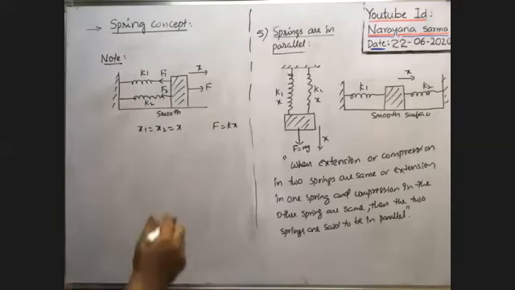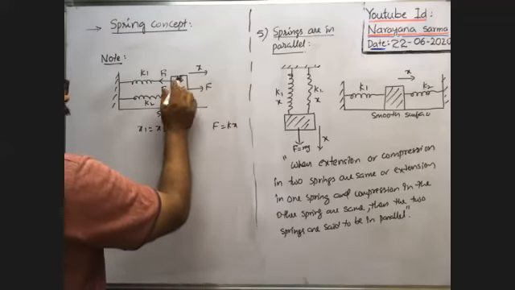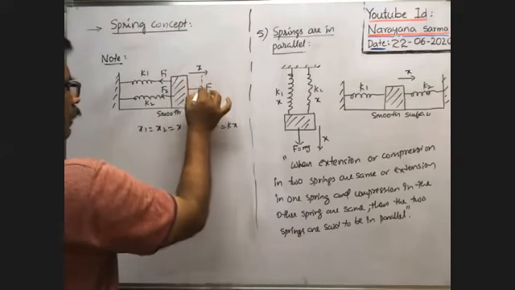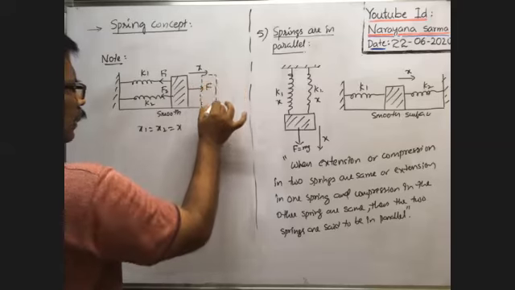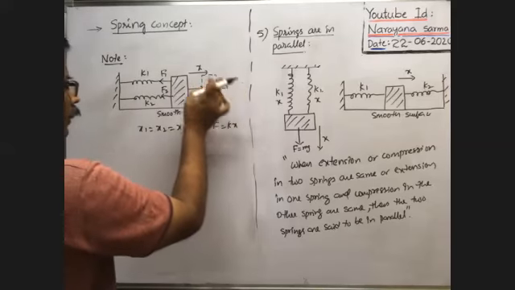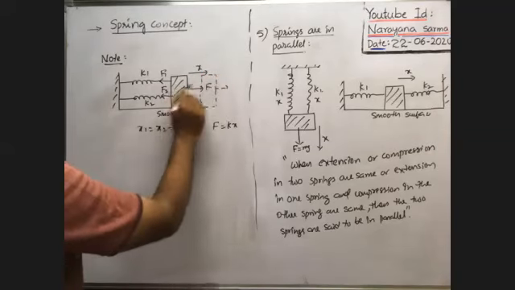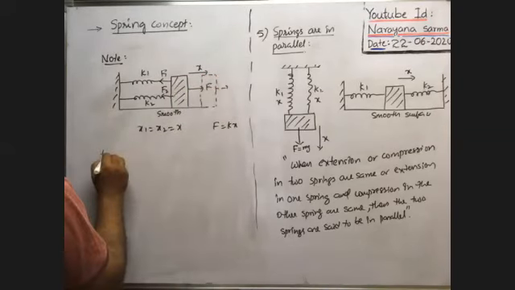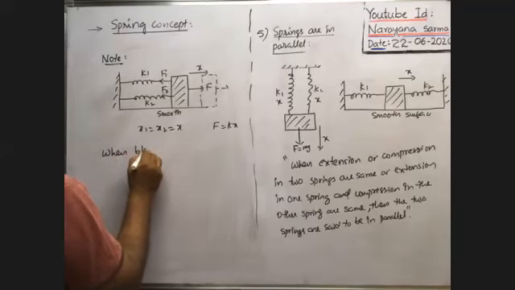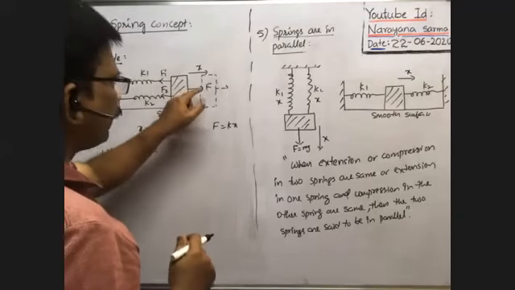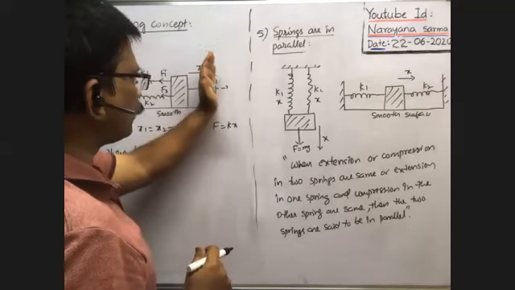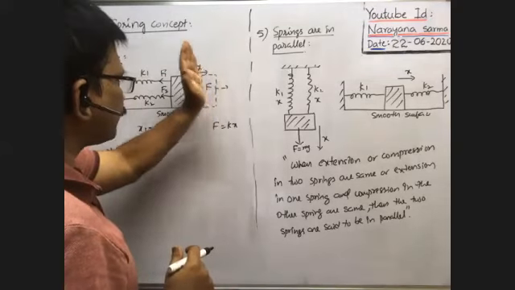Now you see, whenever the block is displaced up to a certain distance here, and whenever the block is under equilibrium at this position, due to the applied force, because by applying force F the block is displaced up to this and it is under equilibrium, that means net force is 0.